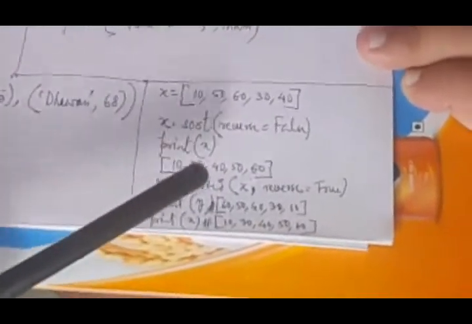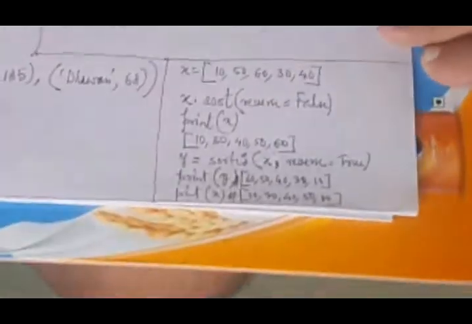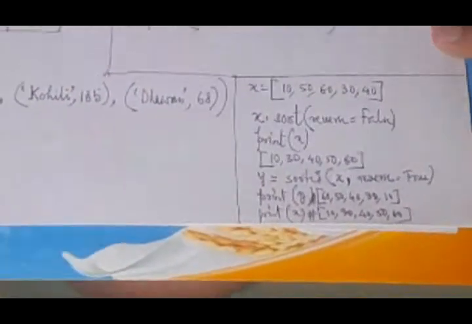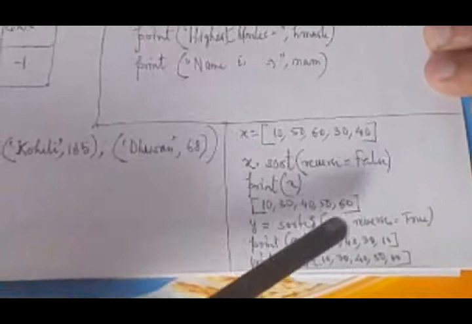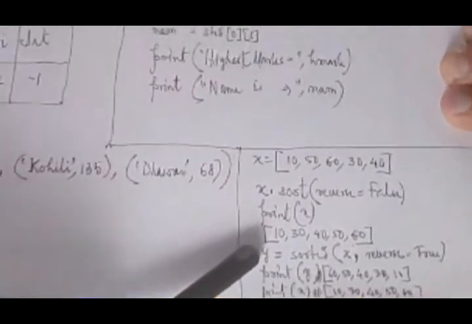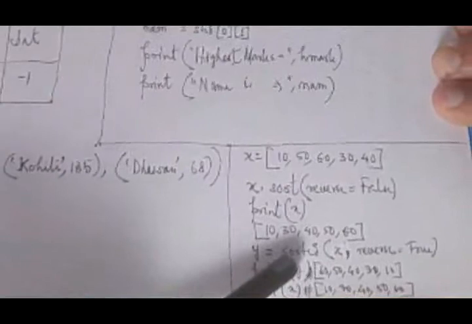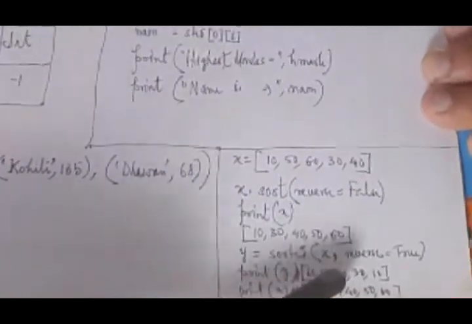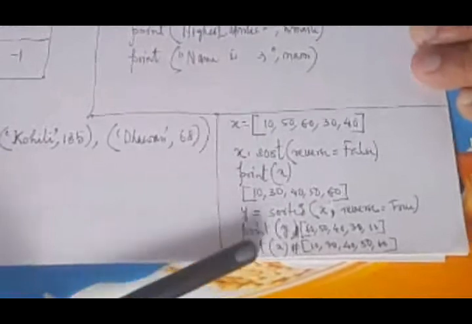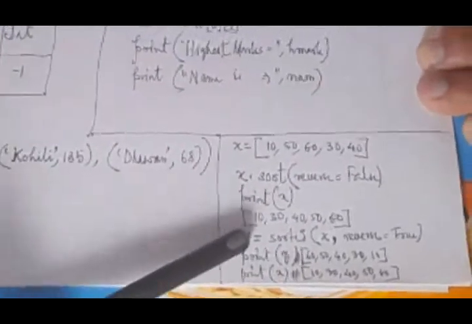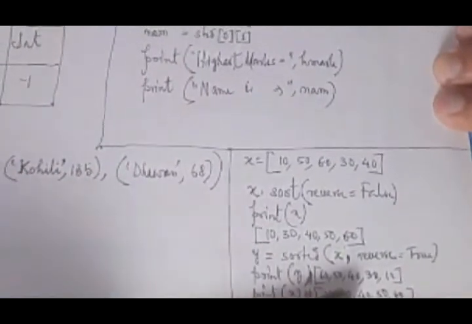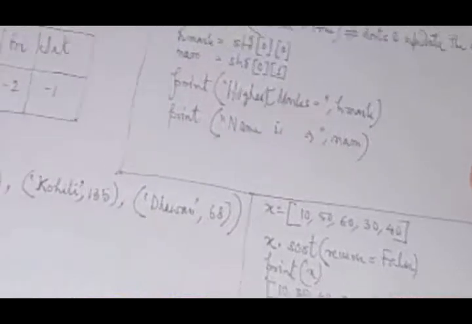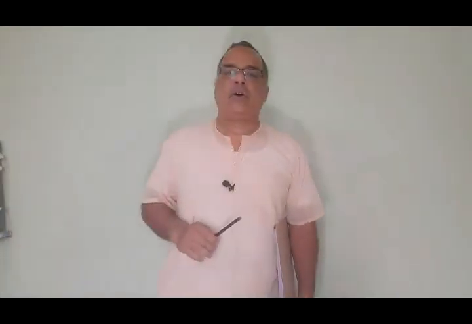In contrast, say Y equals sorted X. The syntax is a little different. Sorted X, reverse true. That means you are sorting the values of X in descending order, and those values in descending order go to Y. Now if you print Y, the output will be 60, 50, 40, 30, 10. And if you print X, the same value, 10, 30, 40, 50, 60. So values of X are not getting changed.